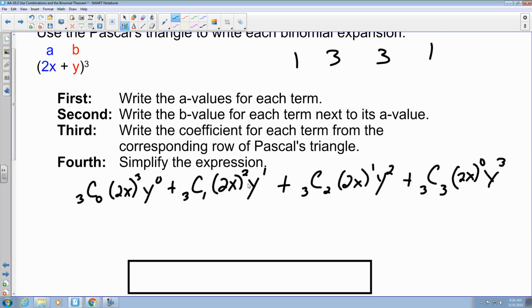So I said that this was 1, this was 3, this was 3, and this was 1.